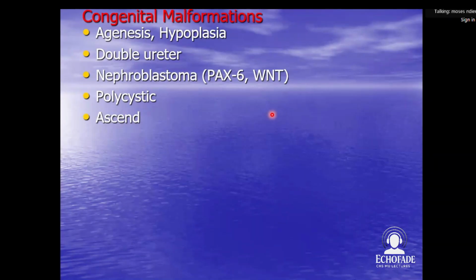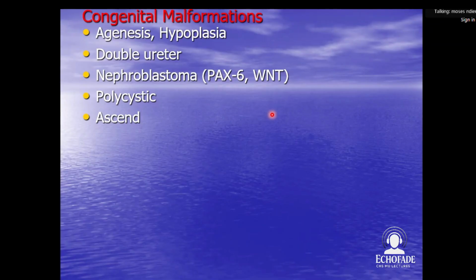Sometimes the kidney fails to ascend to the lumbar region. It might be in the pelvic region or at the brim of the pelvis. During this development, part of the nephrotome on the inferior pole might fuse together. When they fuse together, they form what is called a horseshoe kidney.